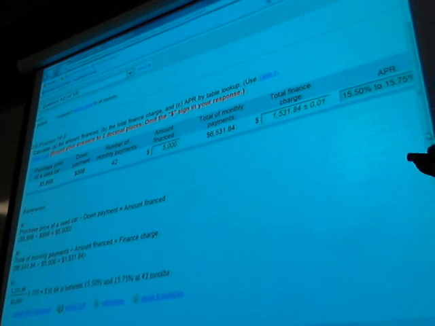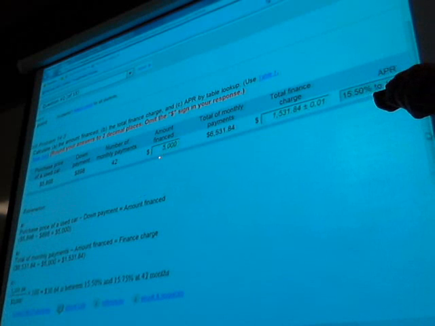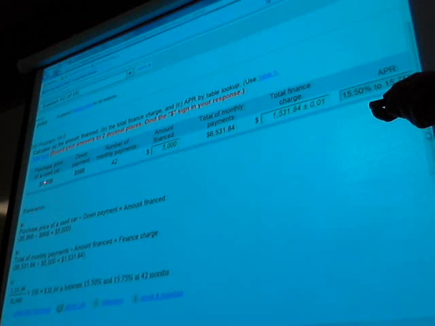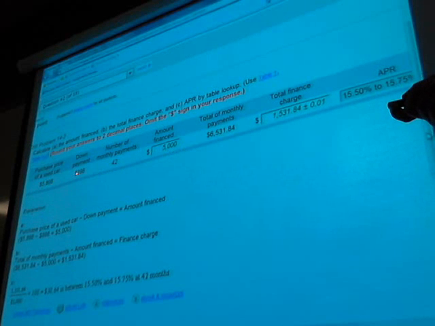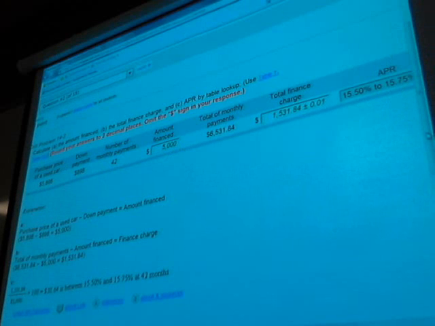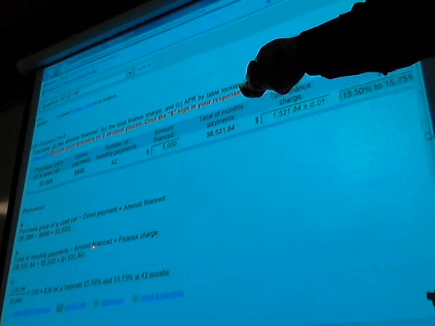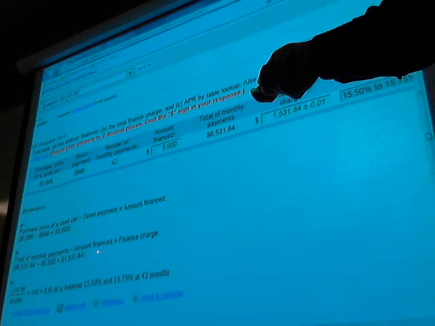The first one we want to get is the amount financed. Very simple. Take the purchase price and subtract what from it? A down payment. Okay, minus sign right here. Next thing is the total finance charge. We always have to find the amount financed first, right? Because in the finance charge, you have to use the amount financed.